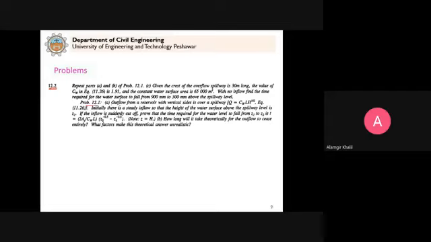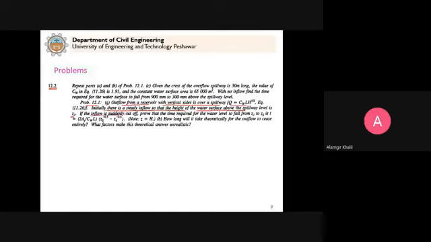What is problem 12.1? Part A of the question: outflow from a reservoir with vertical sides is over a spillway, Q is equal to C_W L H^(3/2). This is the discharge over a spillway. Initially there is steady inflow so that the height of water surface above the spillway is Z1.